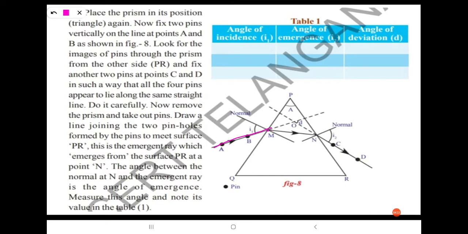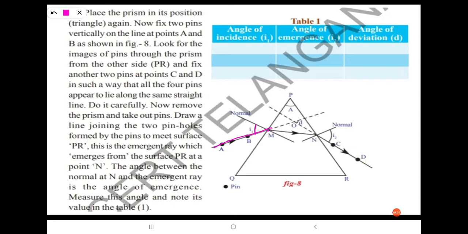Here this is the angle between the normal and the incident ray, that is the angle of incidence, right? So here we have to place the prism in its position again. Okay, we have to place the prism again in its triangle position.